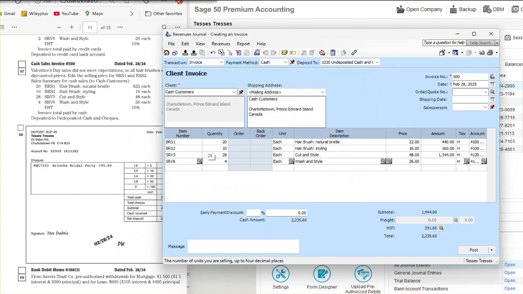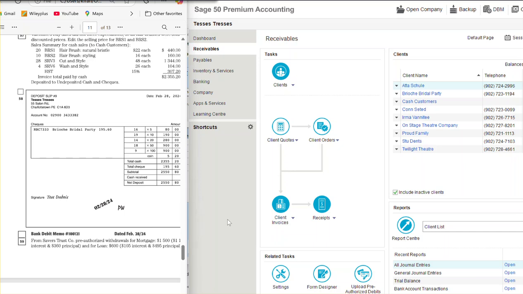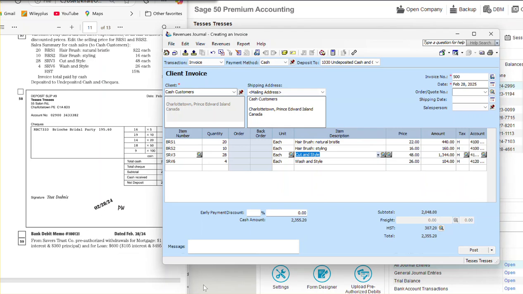That is my 4. 2, 3, 5, 5, 2, 0. I am going to post this transaction. Post it.